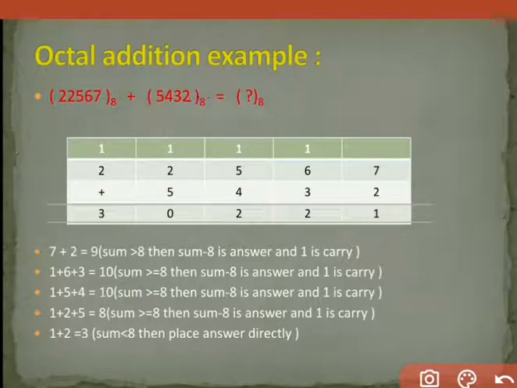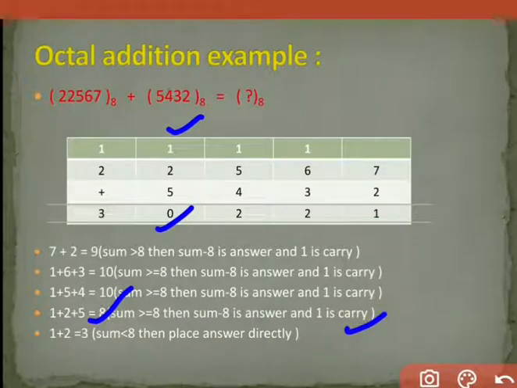The same thing we have to follow again. We add 1 plus 2 plus 5. 1 plus 2 plus 5 is 8. Again it is equal to 8, so we subtract 8 from the sum and the answer is 0.